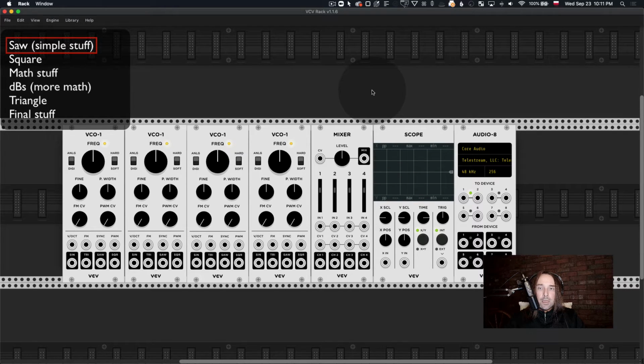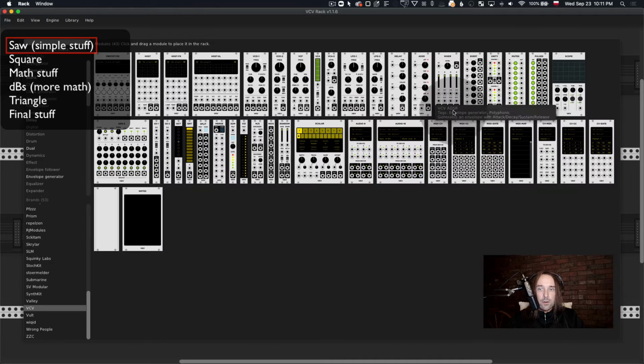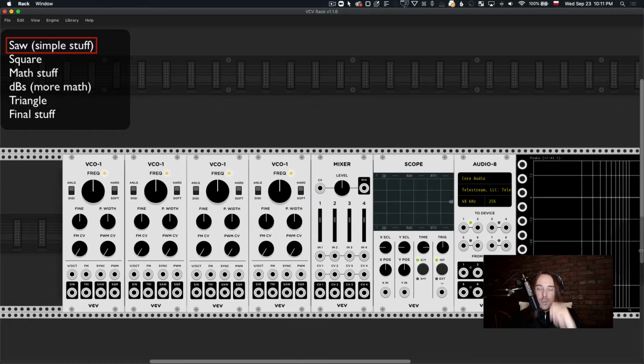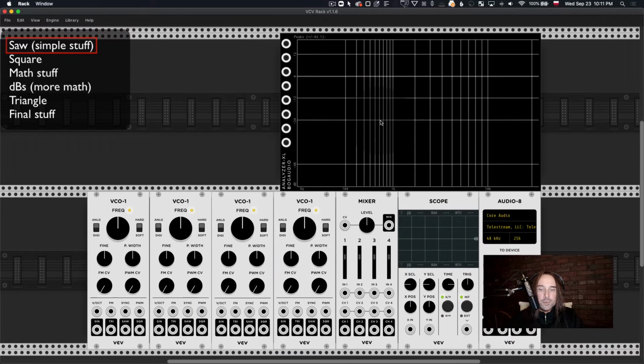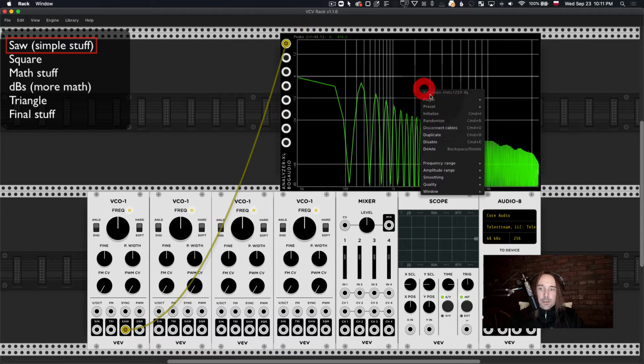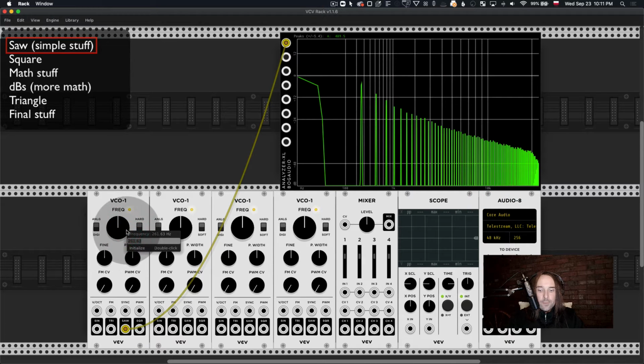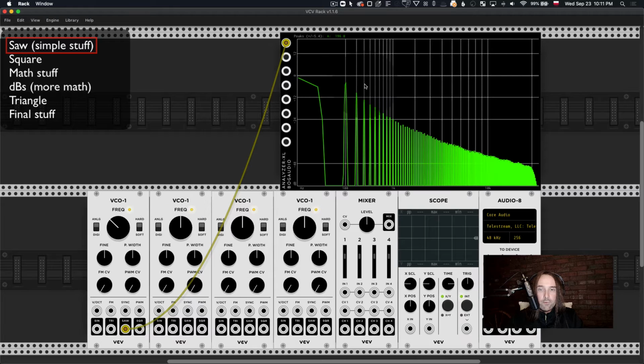Now, before we begin, I want to show you something on the spectrum analyzer. So let's have a look at what we're trying to achieve. We're gonna start from saw, and as you can see, this is a spectrum of sawtooth waveform, right?